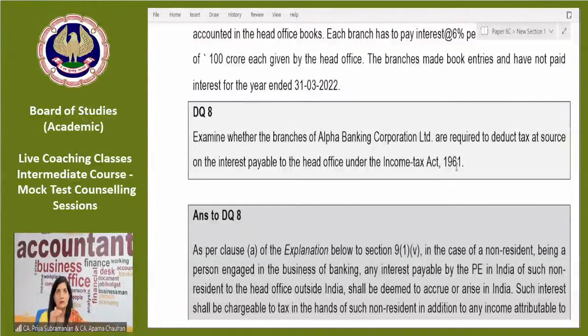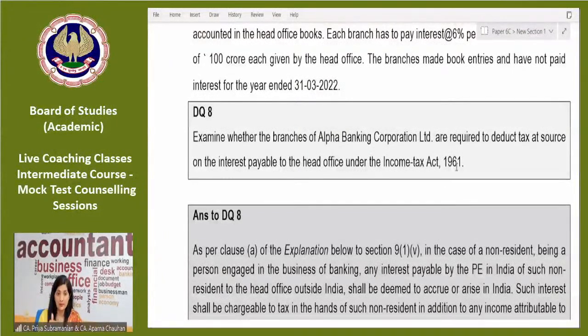The clause says that interest payable by a non-resident would be deemed to accrue or arise in India if it is on borrowings used for the purpose of business or profession carried out in India. Since the head office is a foreign entity and also non-resident, and the branch is also non-resident, both are the same entity.